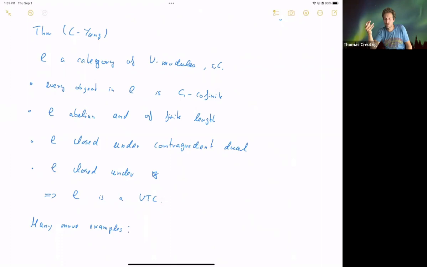Now, what happens if we turn to Lie superalgebras? Lie superalgebras have many more finite dimensional modules, and in particular the category of finite dimensional modules is not semi-simple at all. It's usually quite complicated. But finite dimensional modules have one advantage: they must be of finite length, because an infinite length extension must be infinite dimensional.